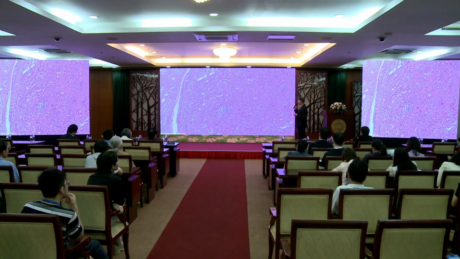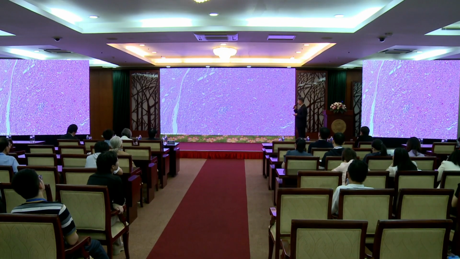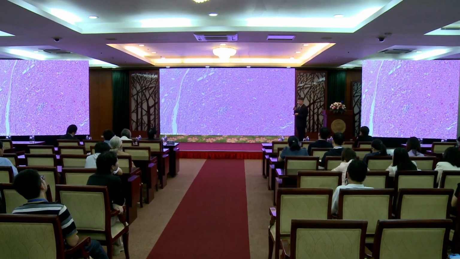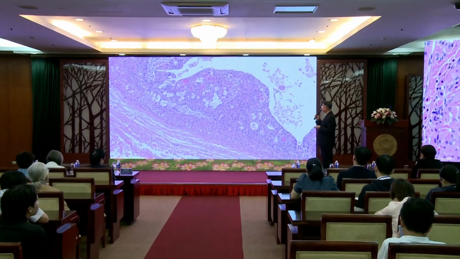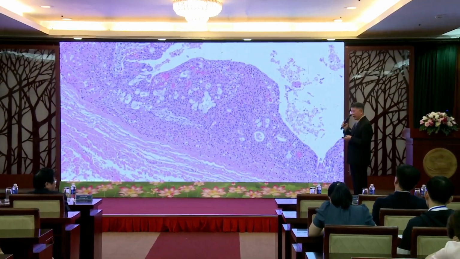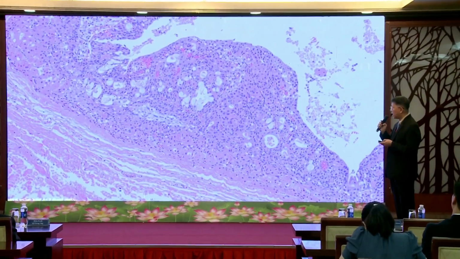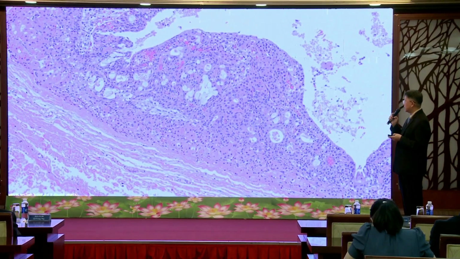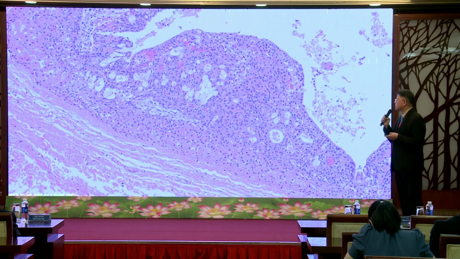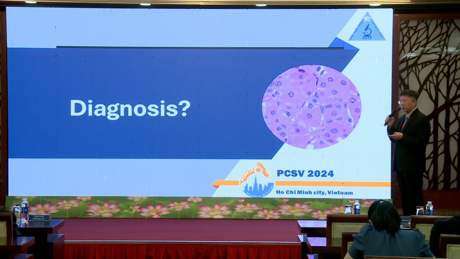Look closely: almost every cell looks like an oncocytic cell. But there are small, very scanty areas with other cell components, which to me look like mucus-producing cells. So what do you think the diagnosis is for this case?